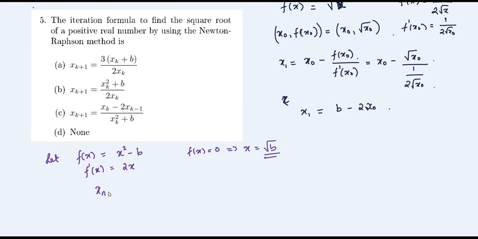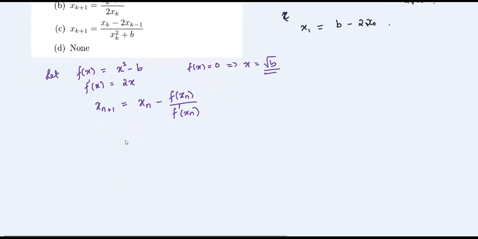Now, Newton-Raphson's iterative step is this: xn minus f of xn divided by f dash xn. So we get xn minus f of xn, which is xn square minus b, divided by 2 times xn.